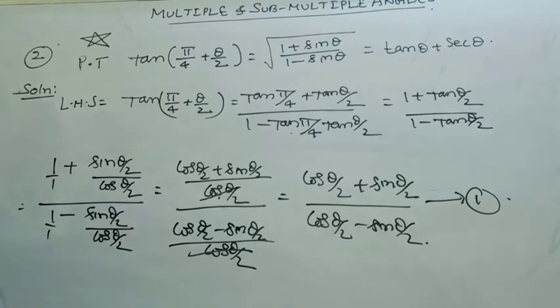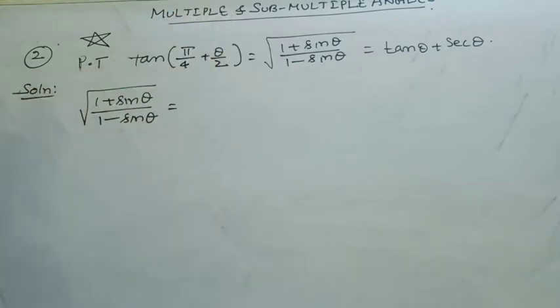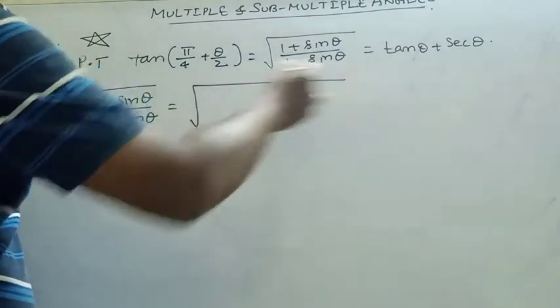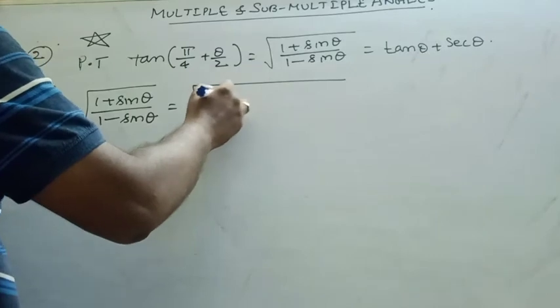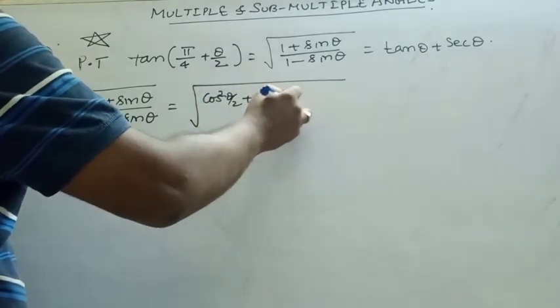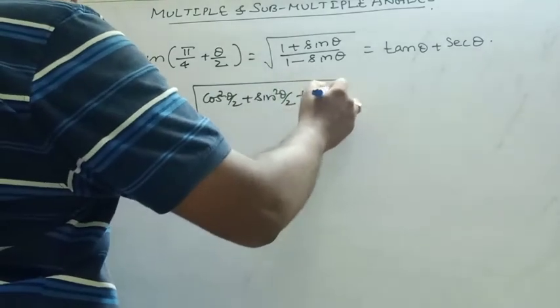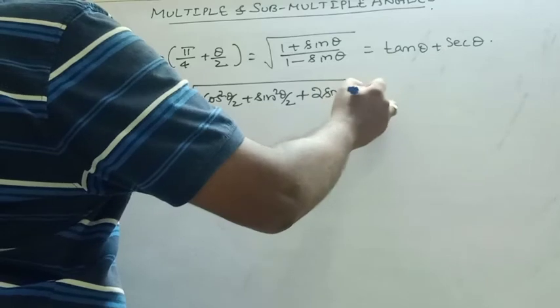Now you take square root of (1 plus sin theta) by (1 minus sin theta). This is equal to, you are having here 1. 1 means what? Cos square theta by 2 plus sin square theta by 2, plus sin theta. That sin theta you can write as 2 sin theta by 2 cos theta by 2.